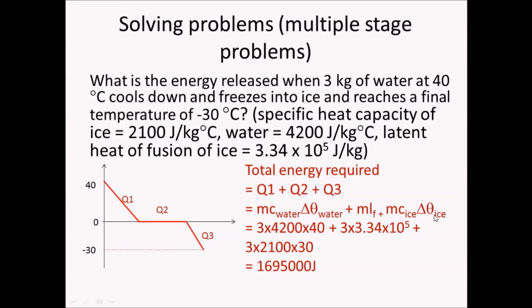So although these two formulas are both MC delta theta, you need to make sure that the differences are highlighted. If you substitute all the values in, you will realize that the answer is about 1.695 million joules.